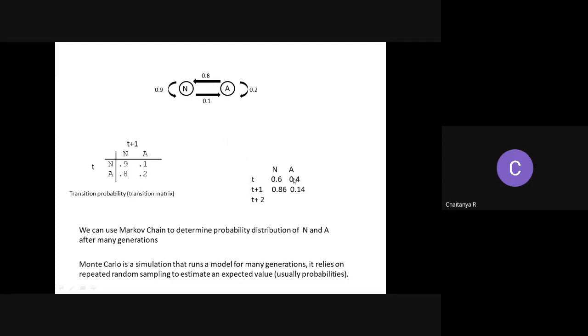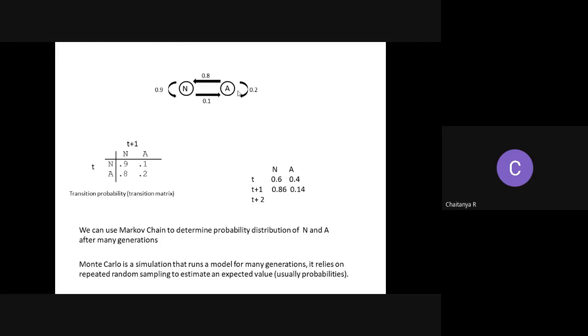Right? Similarly for Amul, it's got a 0.4 market share. So 0.4 multiplied by 0.2, which is the probability of the number of people staying back, is 0.08, plus the number of people who will move from Nandini back to Amul.